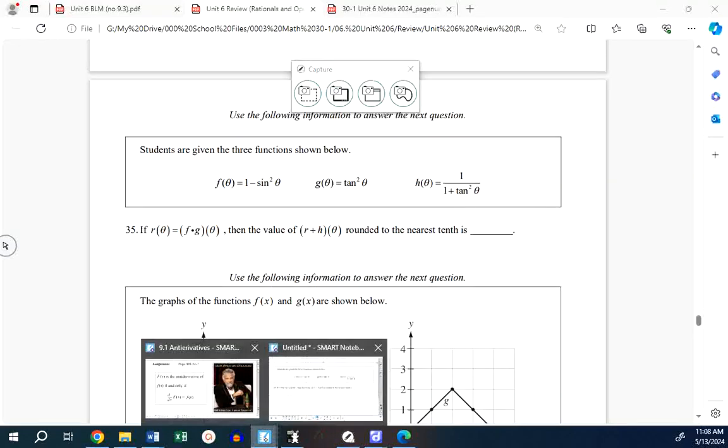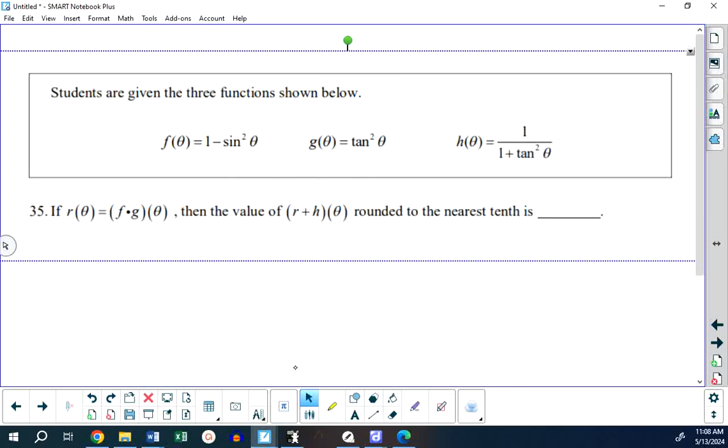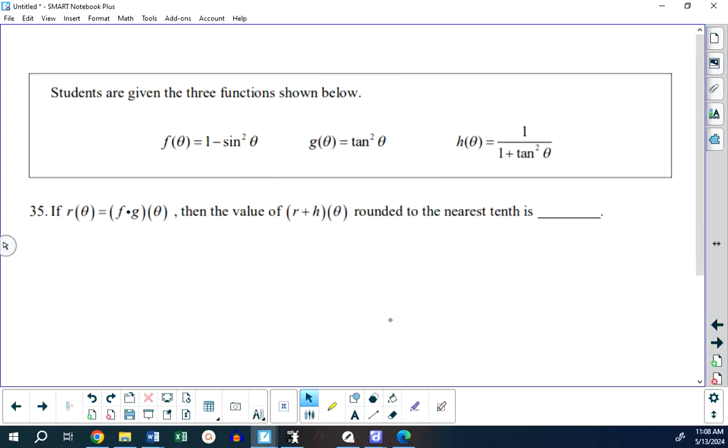You shouldn't be surprised on the exam tomorrow, and certainly not on the diploma exam, if you see compositions or operations on functions that tie into logarithms or exponents, or in this case, trigonometry. So r of theta is equal to f times g of theta. What is the value of r plus h of theta?